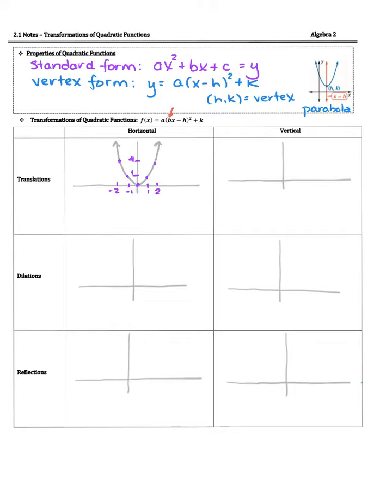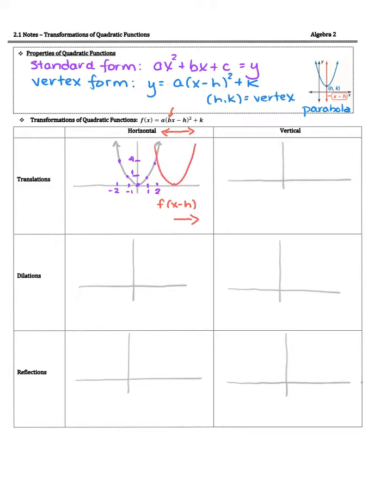The first thing we're going to look at is translations. Remember, a horizontal translation makes you go either left or right. If what you saw in the equation was f of x minus h, where your parent function is x squared, that means you're going to be moving h units to the right.